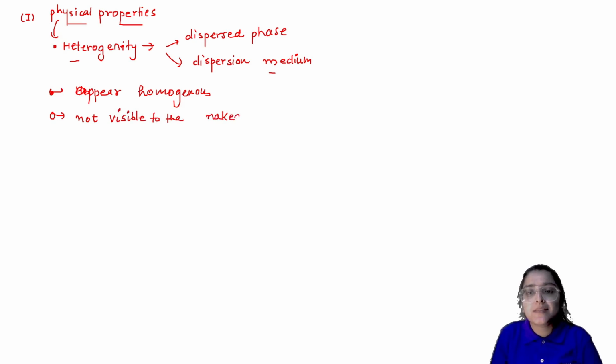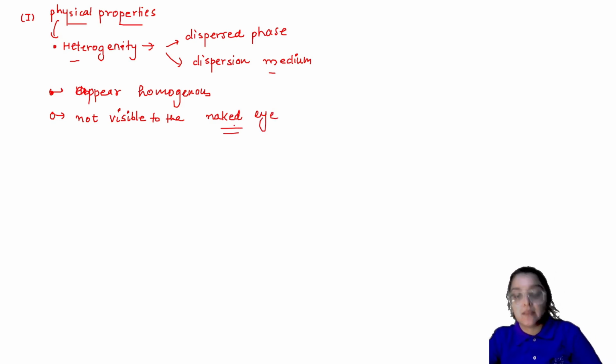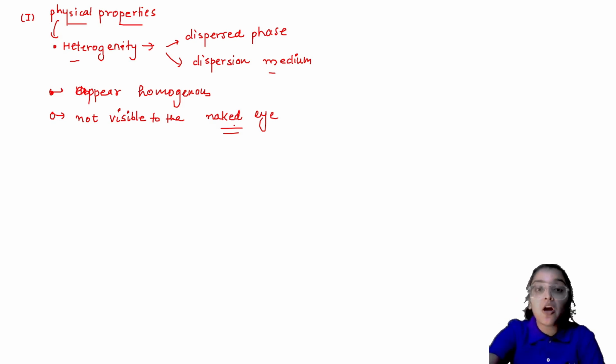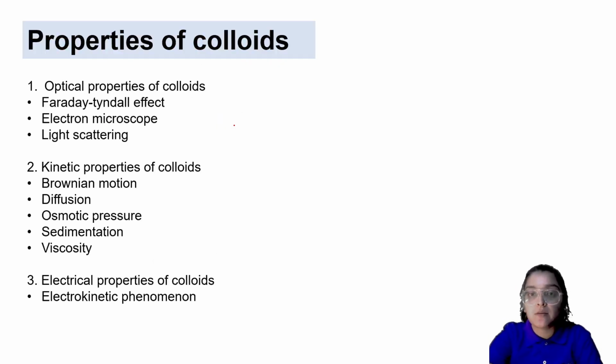These are some basic physical properties that the colloidal particles bear, other than the optical properties and the kinetic properties that we are going to talk about in today's session. So these were the basic physical properties based on the nature of the colloidal molecules.